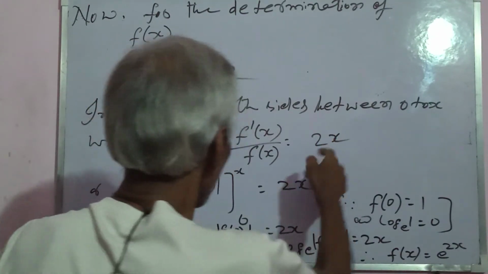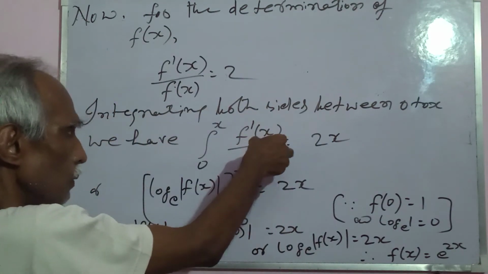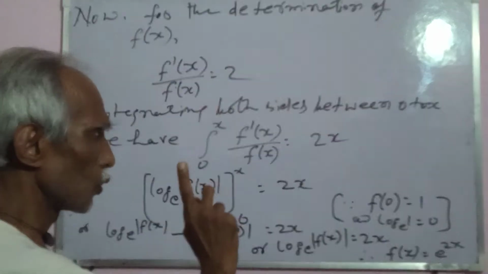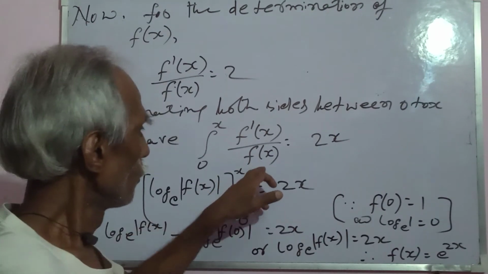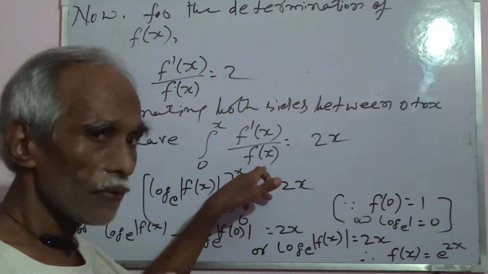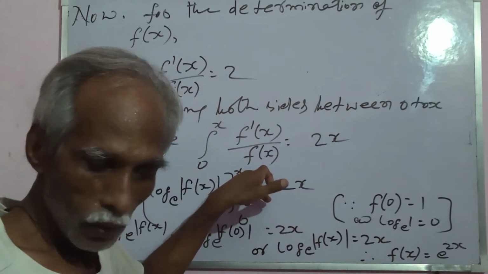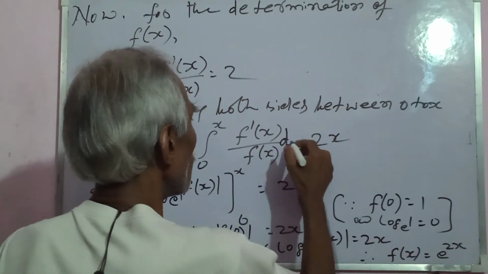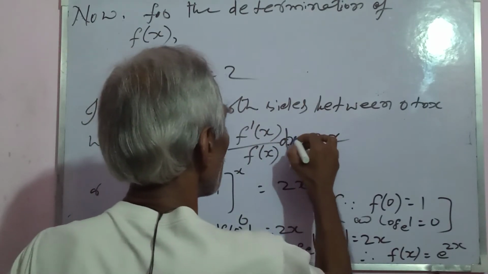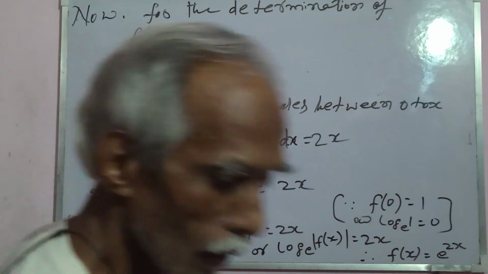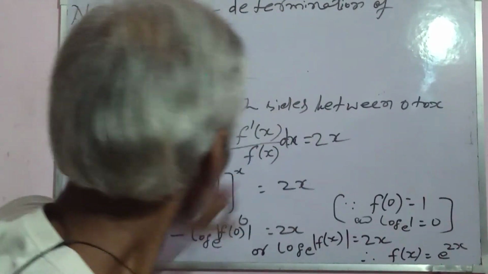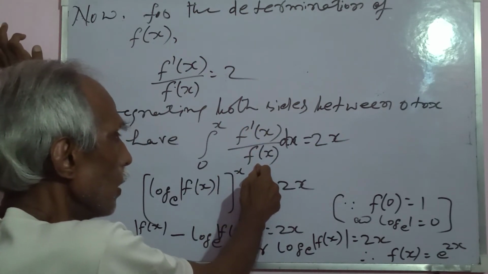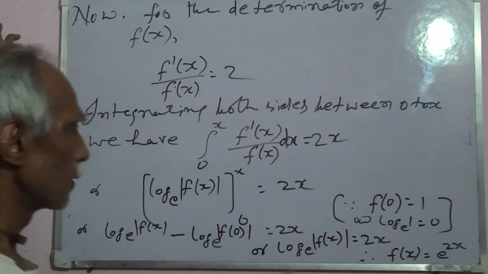This is the right side. And in the left side, we have to put f(x) = t. Then f'(x) dx will be dt. Then here will be dt by t, that is log t.